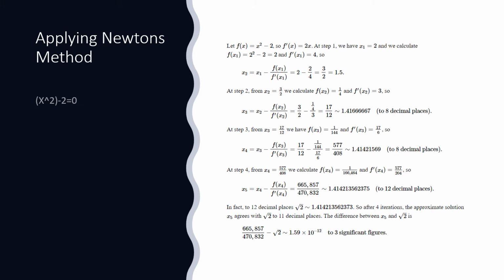The difference between x5 and the square root of 2 is somewhere around 665,857 over 470,832 subtracting the square root of 2, which is going to give us 1.59 multiplied by 10 to the negative 12 power, to 3 significant figures.